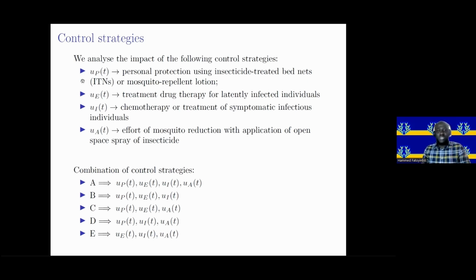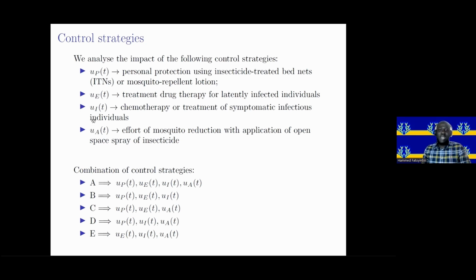So the first one is what we call UP, which is the control using the insecticide treated bed net or mosquito repellent lotion. The UE corresponds to the treatment of the exposed individual using drug therapy.